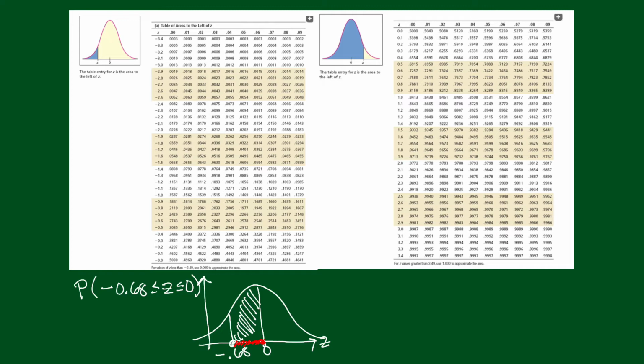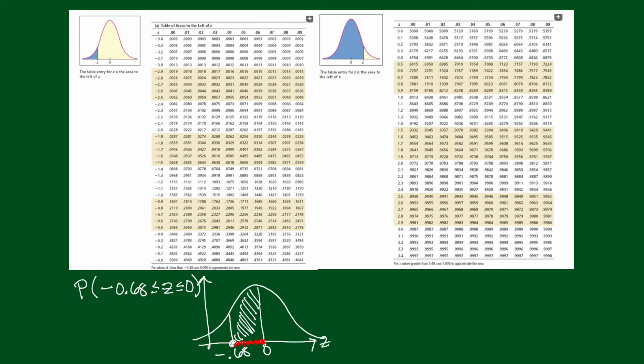So how are we going to get that? Now look how the table reads. We're over here at the negatives. But the table reads from negative infinity up to a number. So we're going to go from negative infinity up to this number, but that doesn't get us what we want.